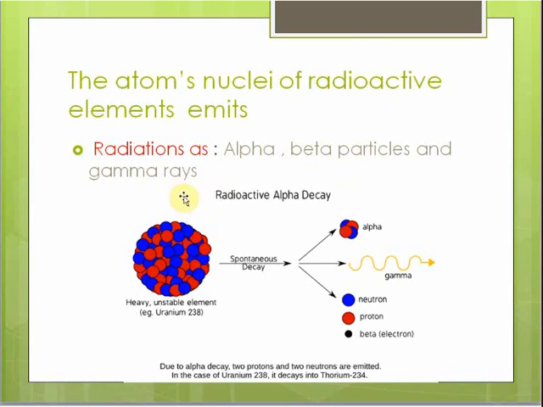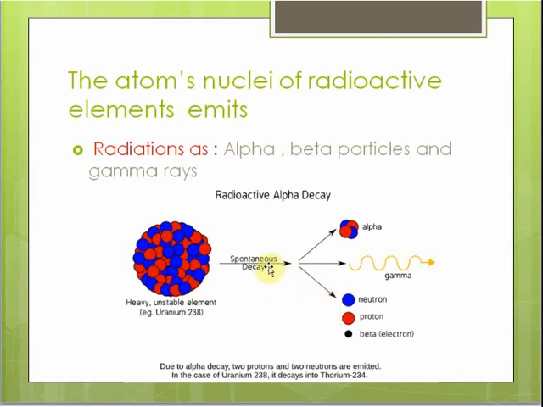So the process by which radioactive elements emit radiations like alpha, beta or gamma is called the radioactivity phenomenon, which Henri Becquerel discovered from the emission of unseen rays from uranium. We can now define the radioactivity phenomenon as the spontaneous decay of the atom nuclei of some radioactive elements present in nature in an attempt to achieve a more stable composition.